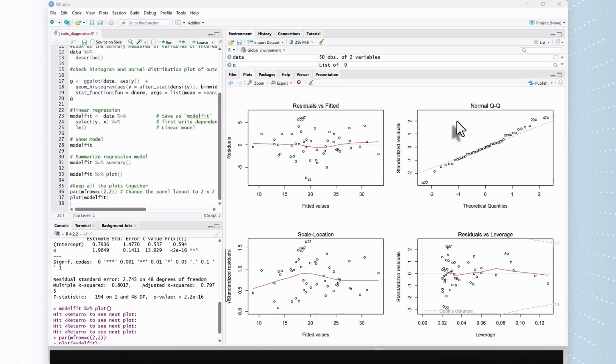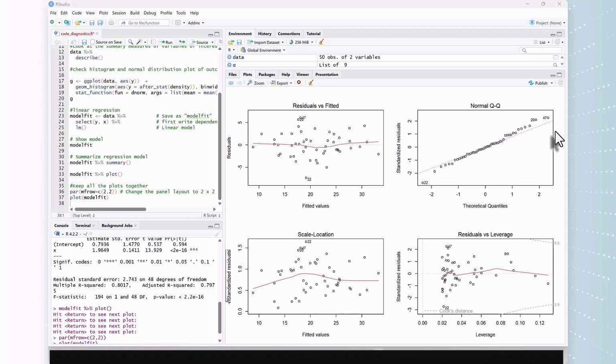In this plot, if the standardized residuals align with the straight diagonal dashed line, then we can be confident that the normality assumption is satisfied. The idea is, if the residuals are normal, then their quantiles would match the theoretical quantiles of the normal distribution. And if they match, all the data points will be along this diagonal line.